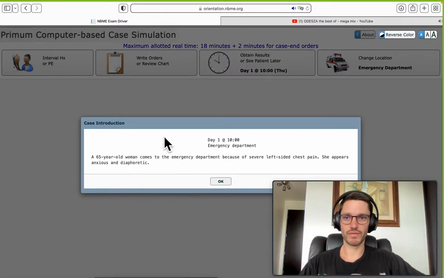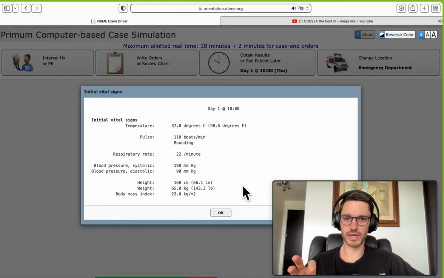We'll see what will happen next. Right now my time is running right here, but let's go on to the next section. So this is the first pop-up window you'll see, which is just like the chief complaint. Now we'll move on to the vital signs.